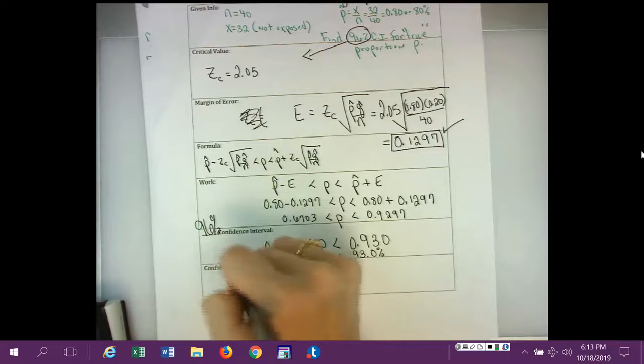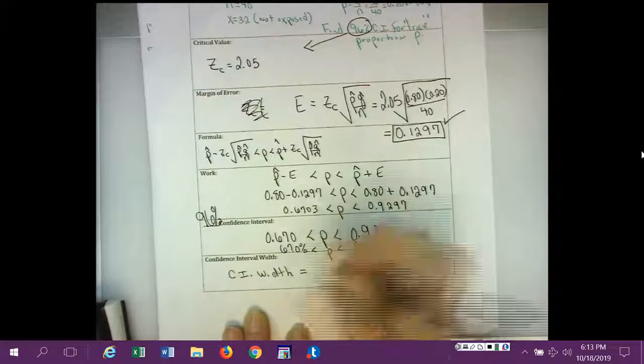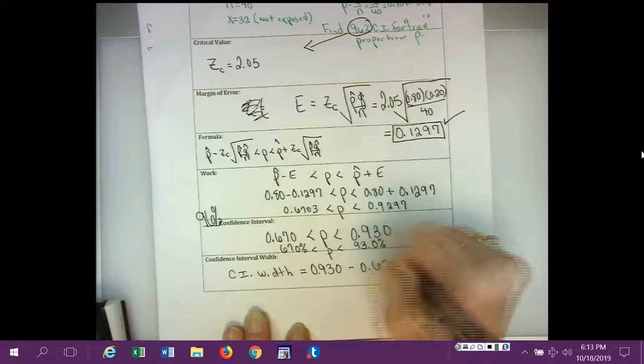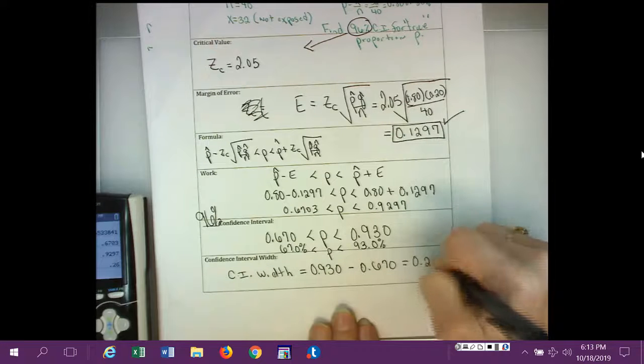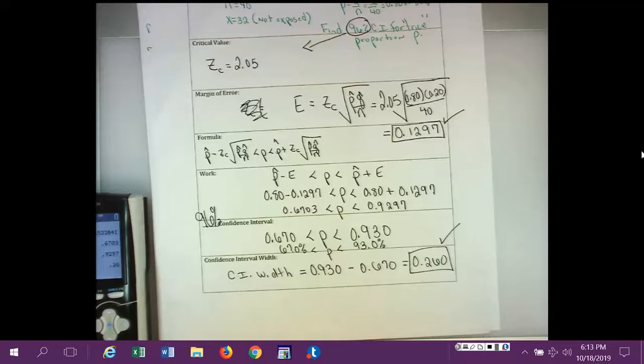The confidence interval width is going to be equal to 0.930 minus 0.670, and that is 0.26 difference. You could add a 0 there if you wish, because they're given to 3 places. So a 26% difference is your confidence interval width.